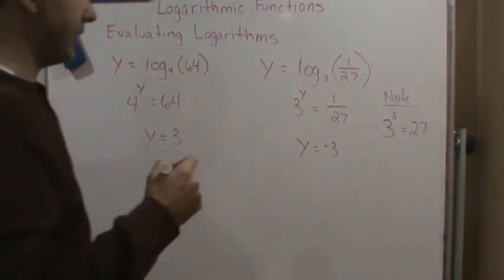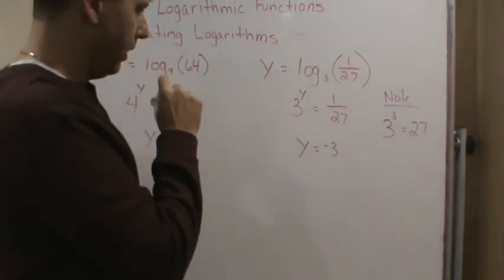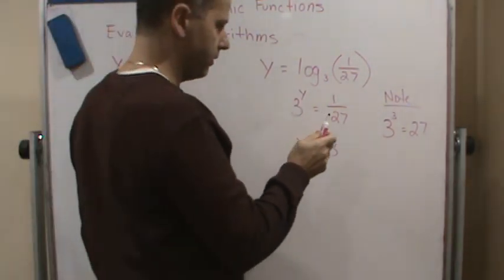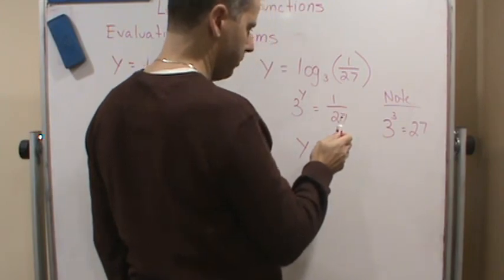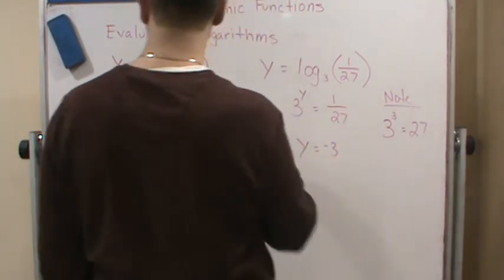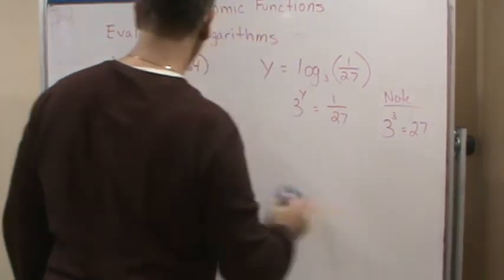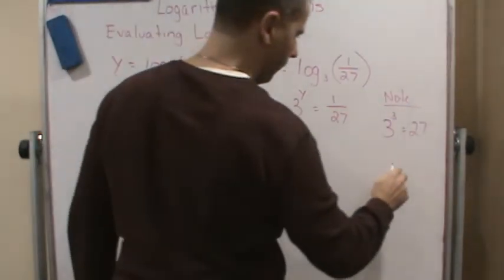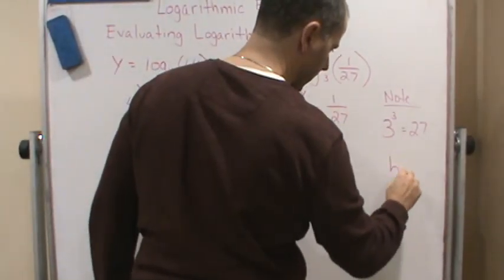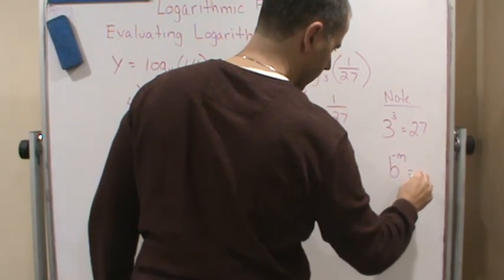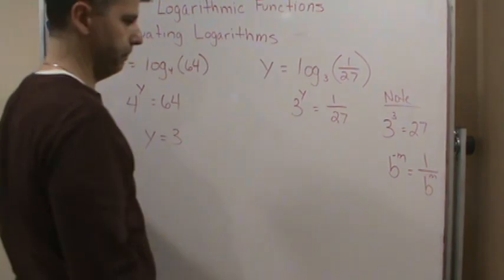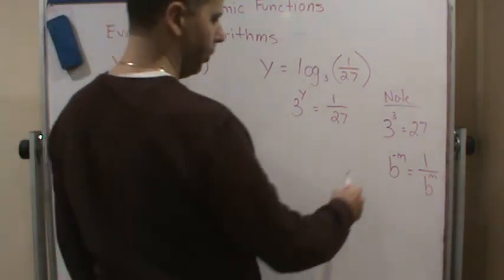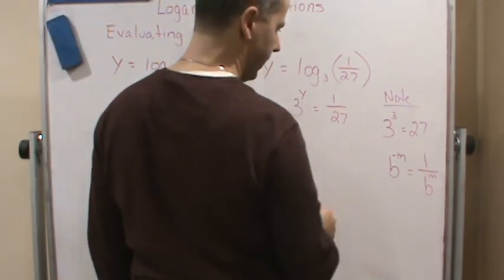And if you don't see it, let's do one more step so you see it. Let's rewrite this: b to the negative m is equal to 1 over b to the m. So this is equal to this.